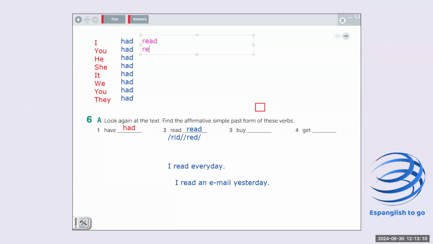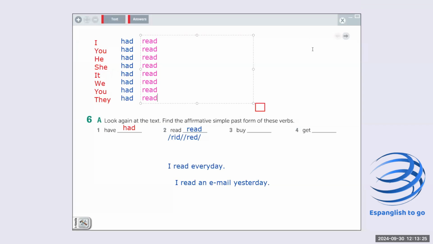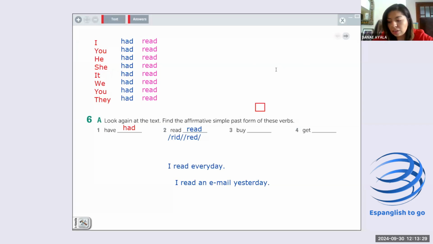It's not easy to identify because it's the same spelling. But remember, the pronunciation changes. Only the pronunciation changes, present and past.